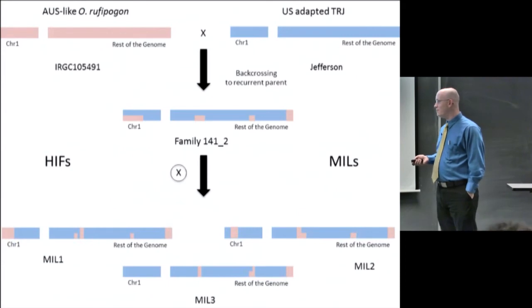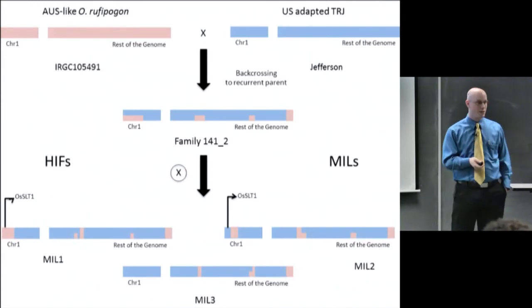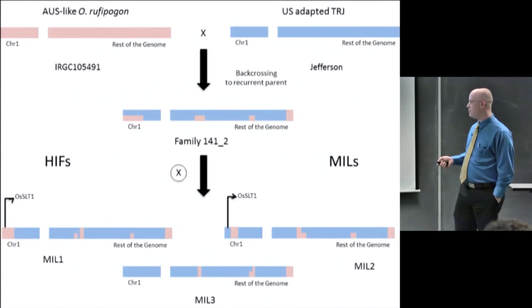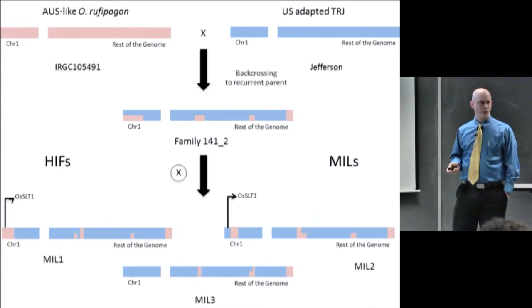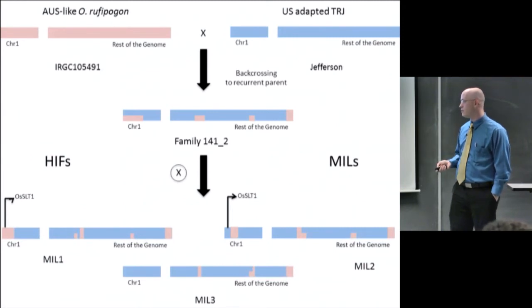So mill 1 here has the Rufi allele, okay? So this is the Aus-like rufipogon allele, which we expect to be the salt-tolerant one at our SLT1 locus. And mill 2 here has the Jefferson allele right there. So comparisons between mill 1 and mill 2 are comparisons of the effect of that locus.